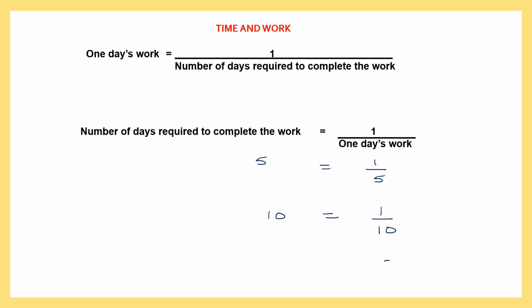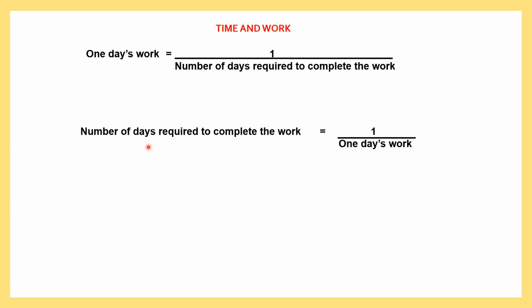If his 1 day's work is 1 by 15, then the number of days he needs is 15. So it's simple. You need to keep this in mind. For the first 6 problems in the textbook, we're going to be using these two formulae. It is very easy. You have to find the 1 day's work, you should know the number of days, 1 by that. And this is the converse of this equation.